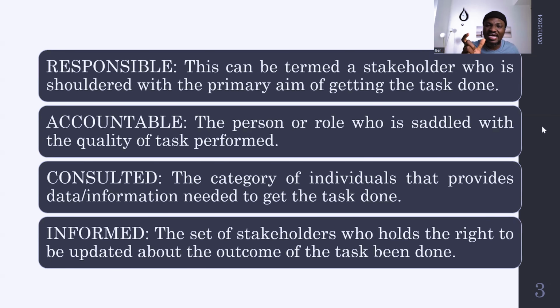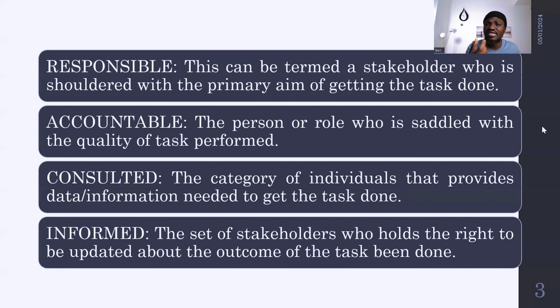So the head of finance is to be consulted in order for that task to be completed. If the business analyst is available, and the head of finance, due to one reason or another, is not available, that means the task of getting the requirements done cannot be completed, because the head of finance that the business analyst is to consult is not available.